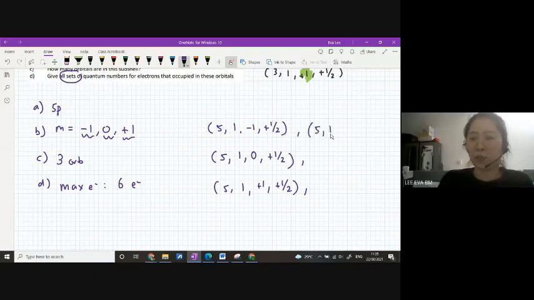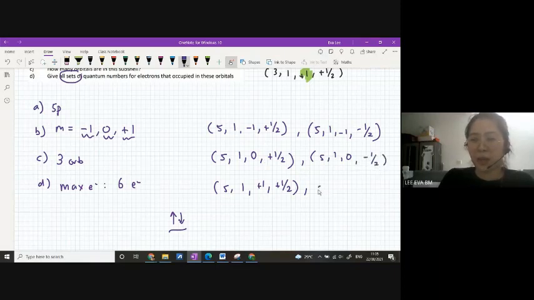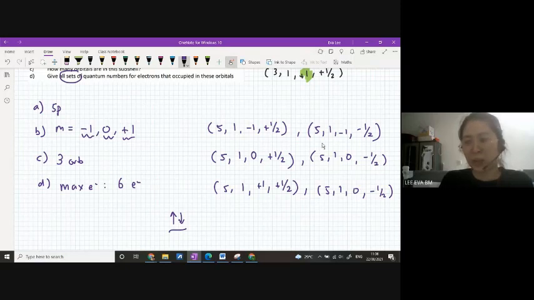So 5, 1, negative 1, the positive half become negative half. Awak cuma tukar dia punya spin saja. Daripada ke atas, dia jadi ke bawah. Okay, and then after that we have 5, 1, 0, and then negative half. And then we have 5, 1, 1, and then negative half. So altogether you have 6 sets of quantum number.